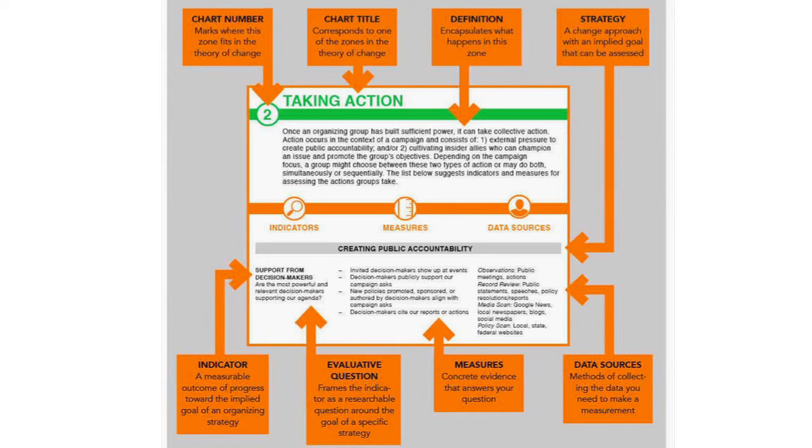Now I want to turn to the chart. In your books, turn to page 21. We didn't end with the theory of change. We developed a set of charts that can help you write more specifically about your accomplishments, and these charts are tightly linked to the theory of change. I'm going to tell you how to read these charts.